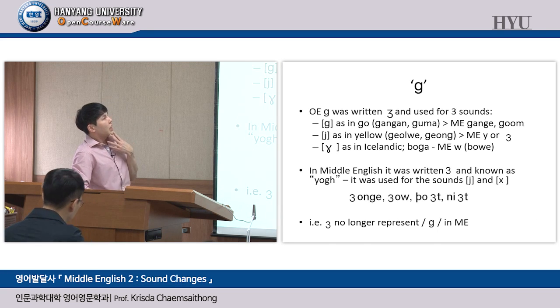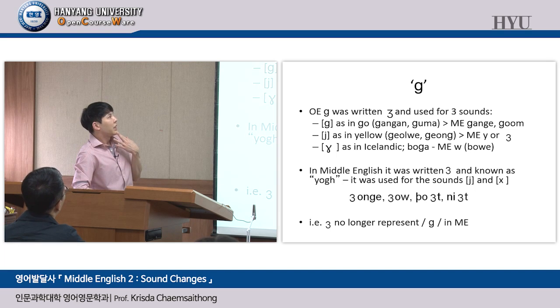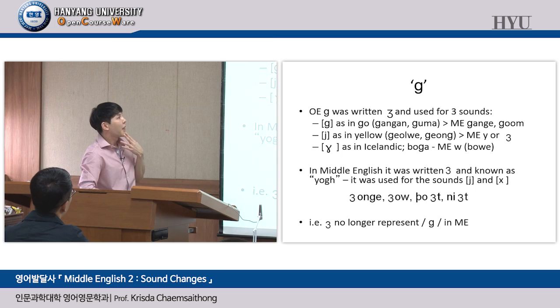Now for the G in Old English, you remember we studied, Old English G was written with this symbol, right? It's a yogh, remember? Y-O-G-H, yogh, and it represents three sounds, right? So that's confusing, because these are allophones of the same phoneme, right? G as in go, y as in yellow if it's before a front vowel, palatalization, remember that?